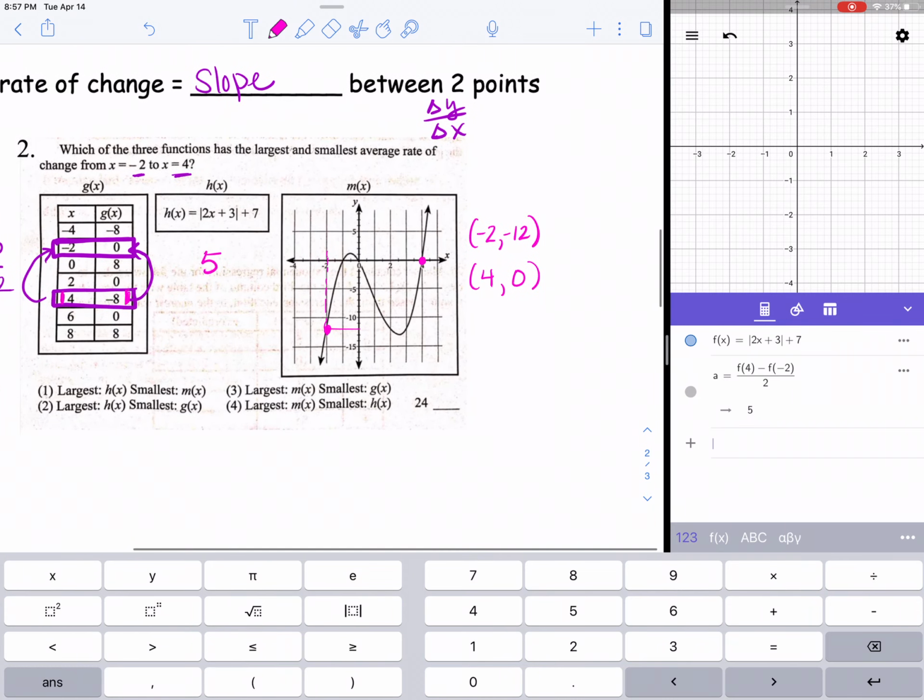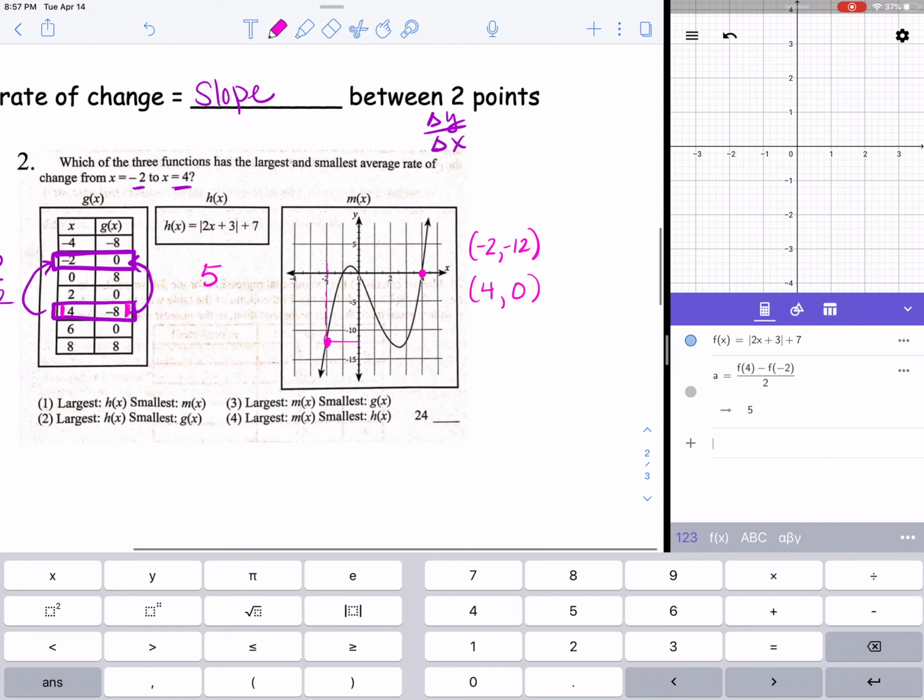Okay, so maybe I'll go the other way this time, just to change it up, to do the change in y over change in x. Maybe start with the top point and do -12 minus 0 on top. So on the bottom, I'd also have to start with the top point here, -2 minus 4.